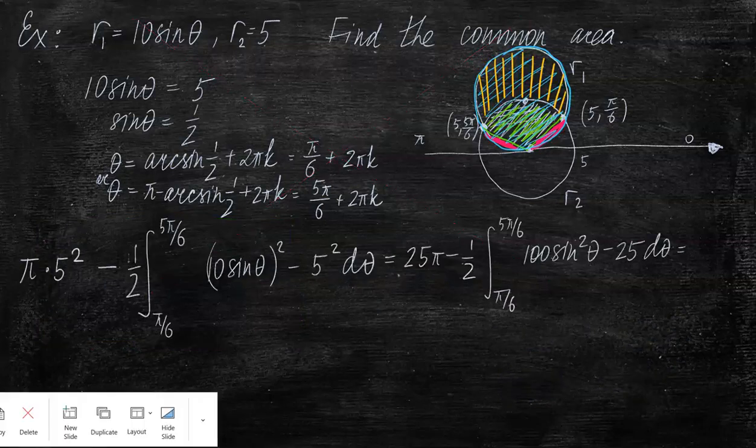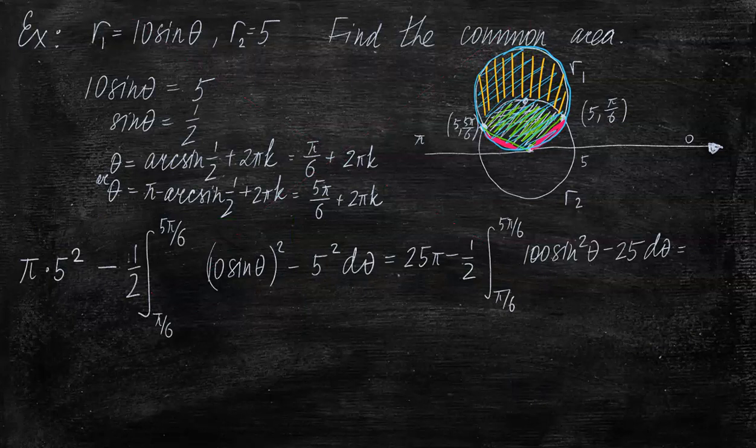So I can factor out 25 here. We have 25 pi minus 25 over 2 integral from pi over 6 to 5 pi over 6 of 4 sine squared theta minus 1 d theta.